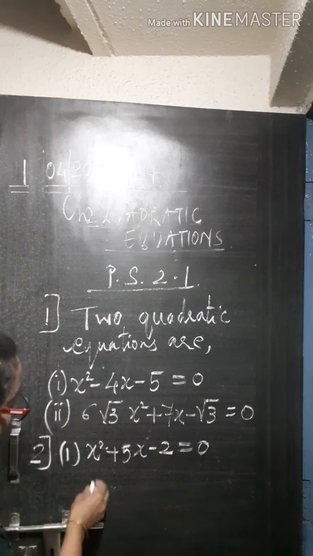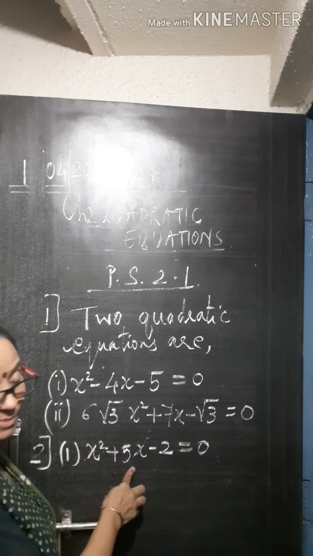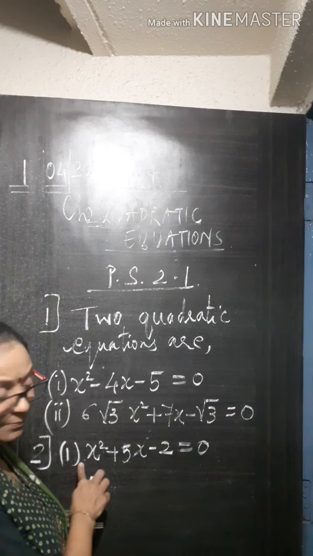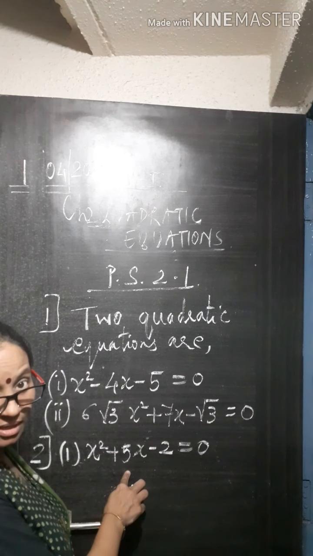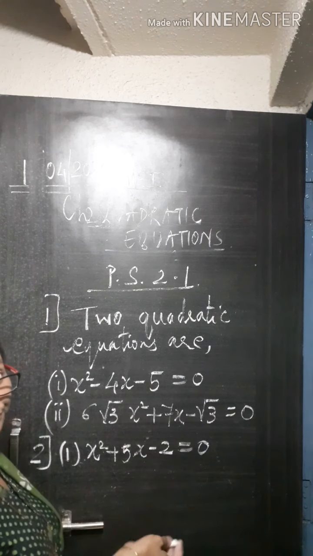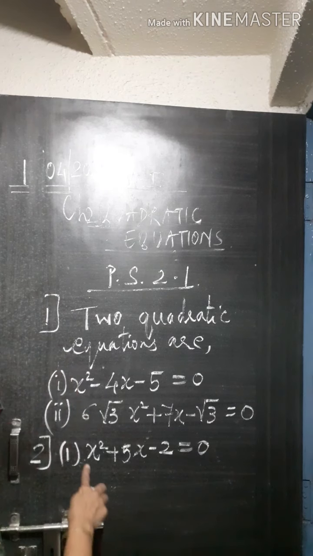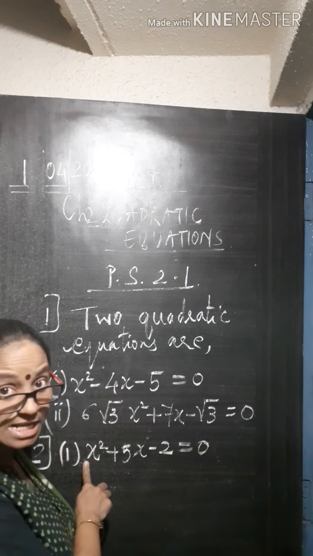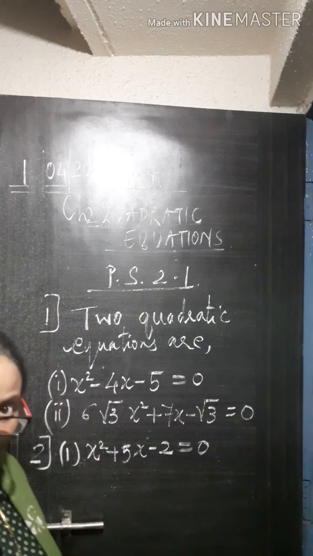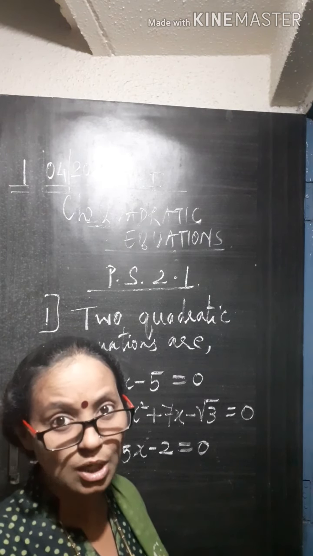So here we have the highest index as 2, as well as a, b, c, meaning the coefficient of x square is a, the coefficient of x is b, and the constant term is minus 2. These are all real numbers. Here a is equal to 1, so a is not equal to 0. So all the conditions of quadratic equations are satisfied by this equation, and therefore it is a quadratic equation.